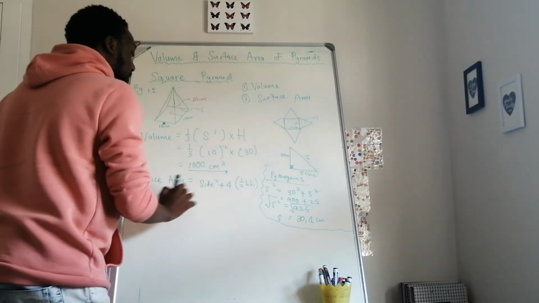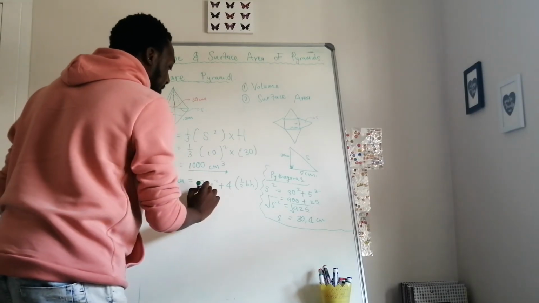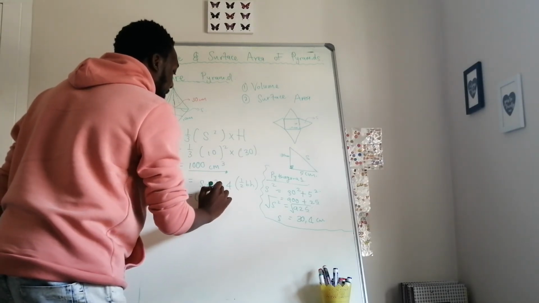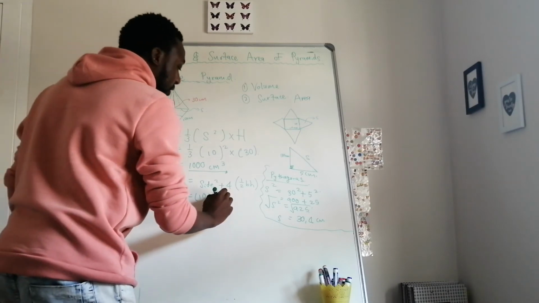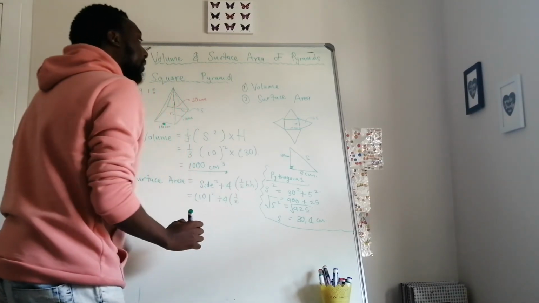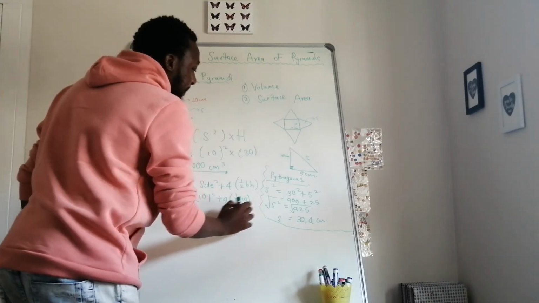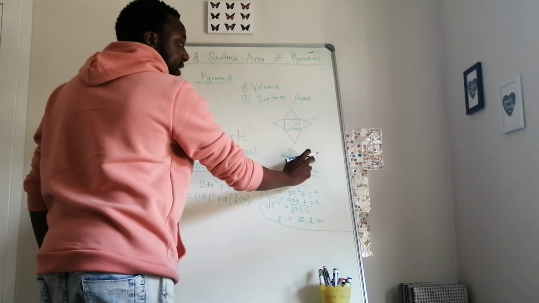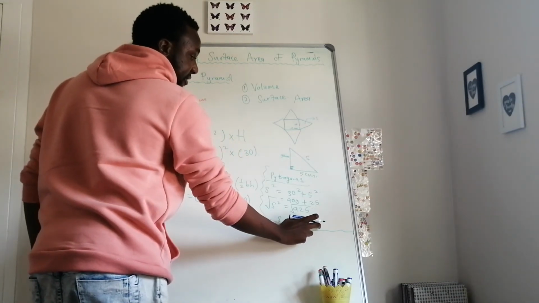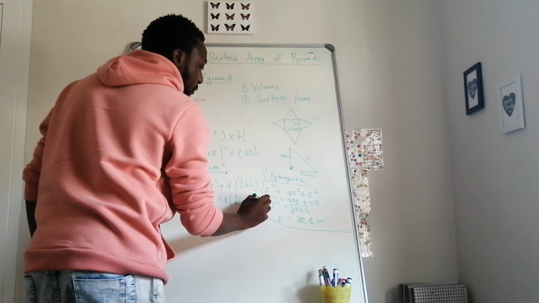Right? And so what is that? Side squared is just a 10. I say 10 and I square it. Right? 4 half. The base of that triangle is 10. The height of it is this S I was trying to find here, which is 30.4.